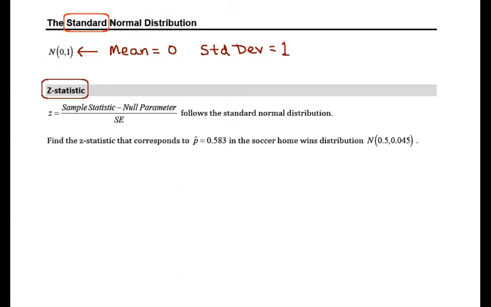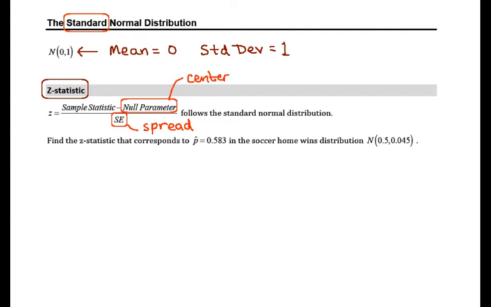Remember that our distribution is centered at the null parameter. So we subtract off the center of our distribution, and we divide by the spread. So when we divide by this standard error, which is the spread of our distribution, we scale it so that it has also a standardized spread.